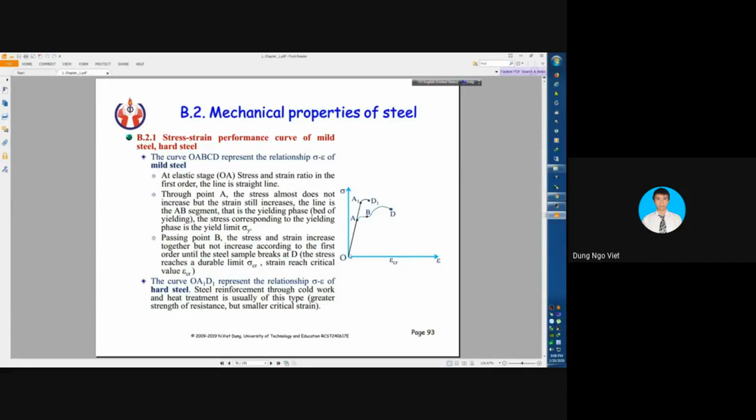The hard steel has a greater strength of resistance. You can see here the stress of the hard steel is bigger than the mild steel, but it has a smaller critical strain. At point D1, the critical strain for the hard steel is smaller than at point D.